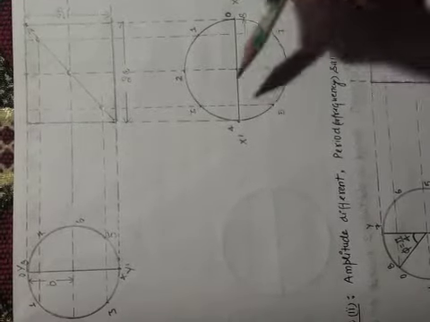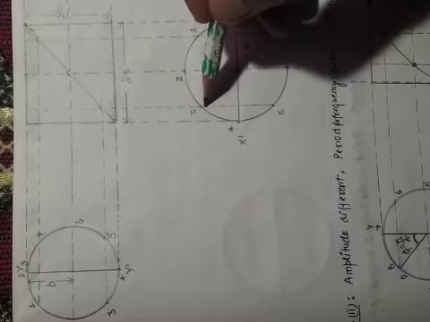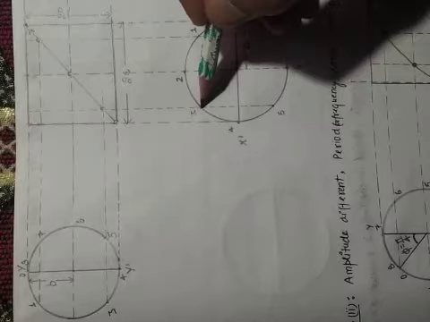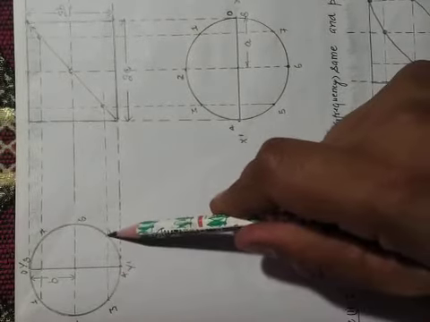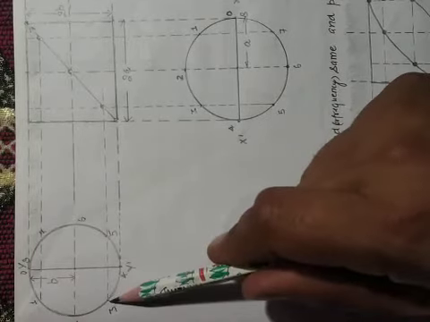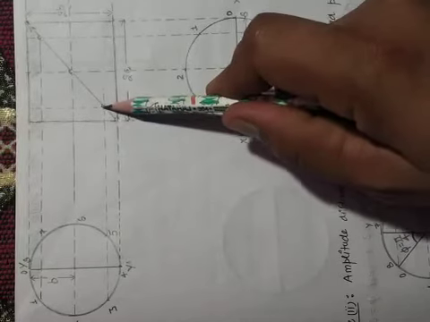Now draw the projection of point number 5 of the circle of radius a. It coincides with the projection of point number 3, and similarly the projection of point number 5 of the other circle coincides with the projection of point number 3, and they meet at this point.